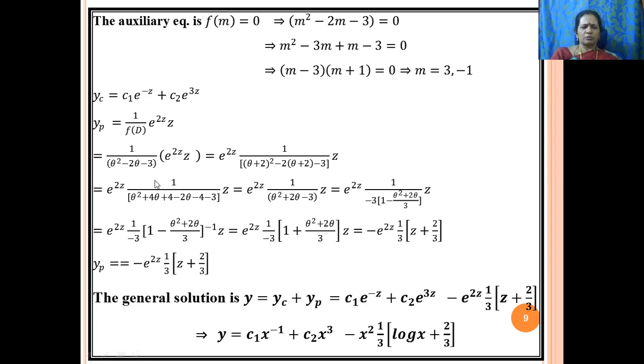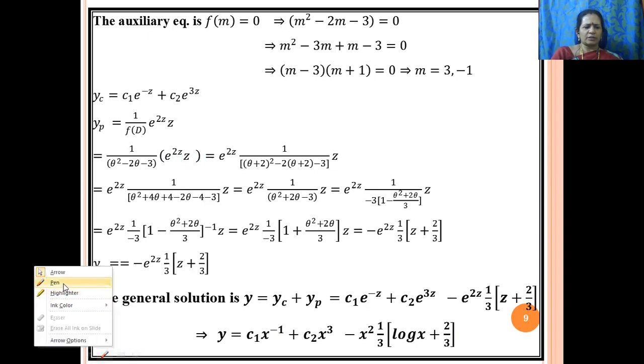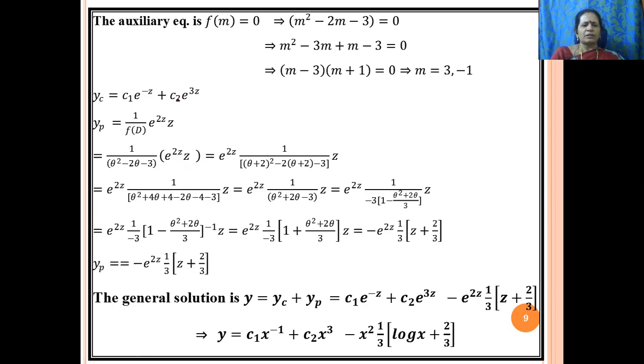So again, similar to the previous one, this is also in the form of the product of 2 functions. Now here, what is the value here? I'll explain. Here, e power 2z means the a value is 2.